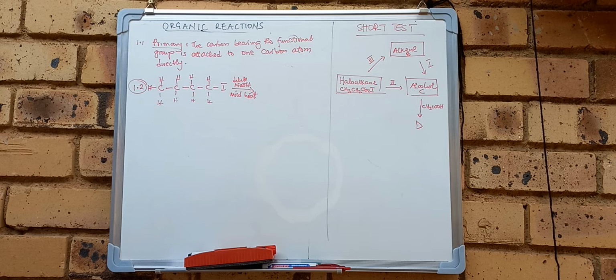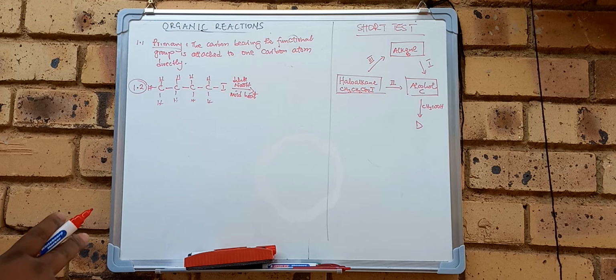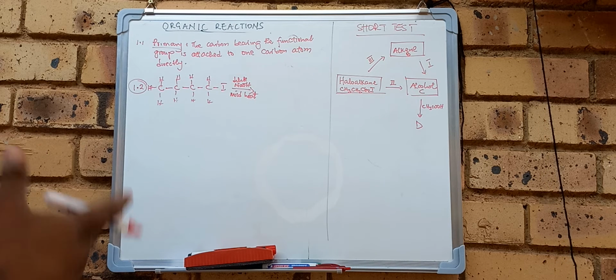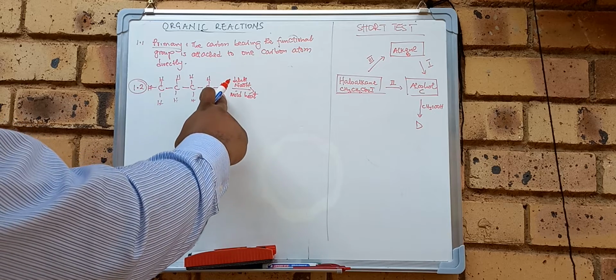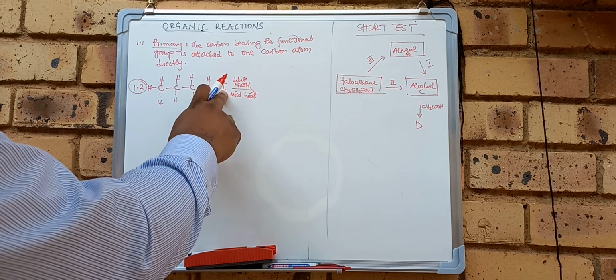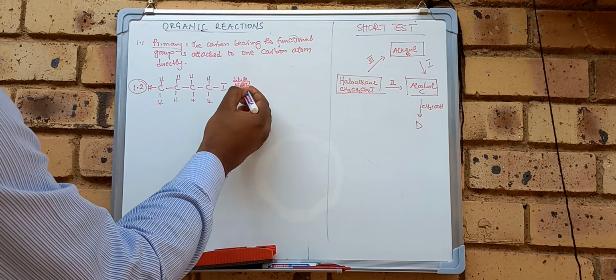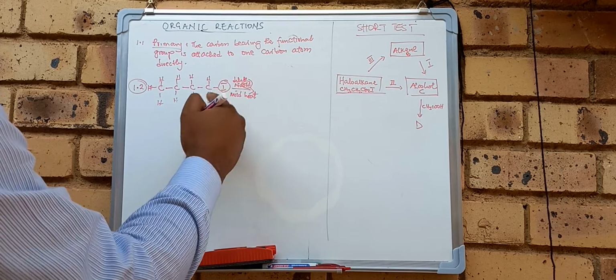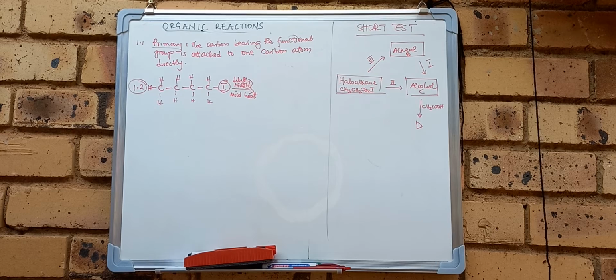So in this very case, the reaction that will take place here will be hydrolysis, which will just be the exchange of ions of this functional group. So OH will be here. So you see what will happen between this one and this. They will just change their position. It's as simple as that.